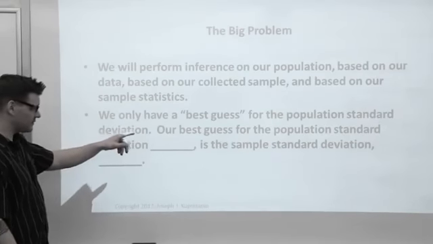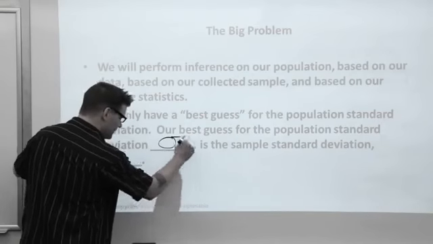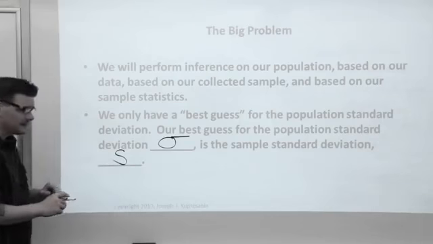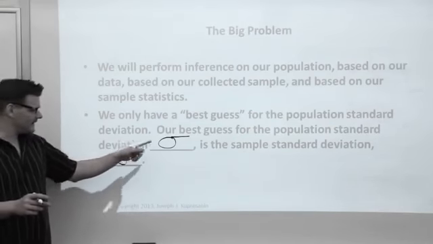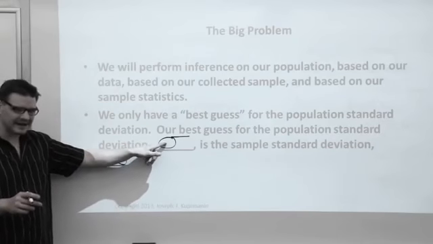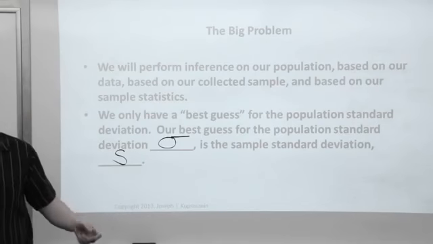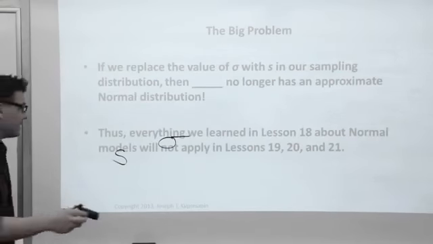And like I referred to, our best guess for the population standard deviation, sigma, is the sample standard deviation, which is S. So, since I need this, but I can't get it, the solution is to use this, the best guess. That opens up more problems. I think we solved our problem, but we didn't.